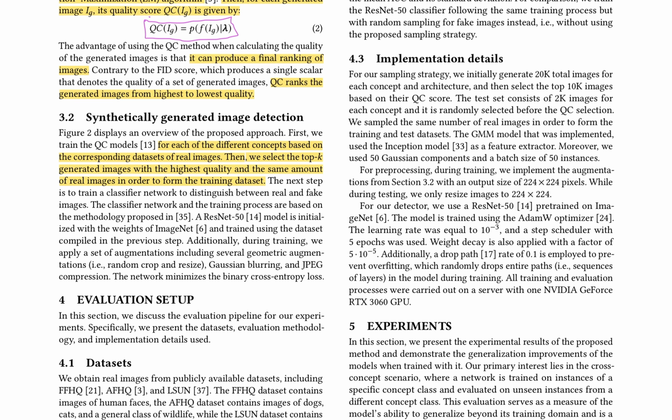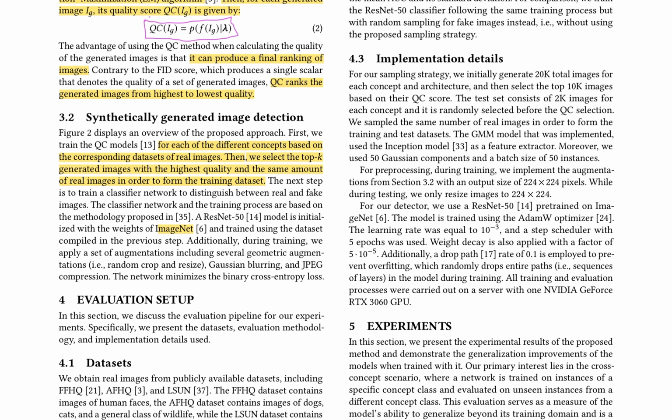The classifier network and the training process are based on the methodology proposed in 35. A ResNet 50 model is initialized with the weights of ImageNet and trained using the dataset compiled in the previous step.